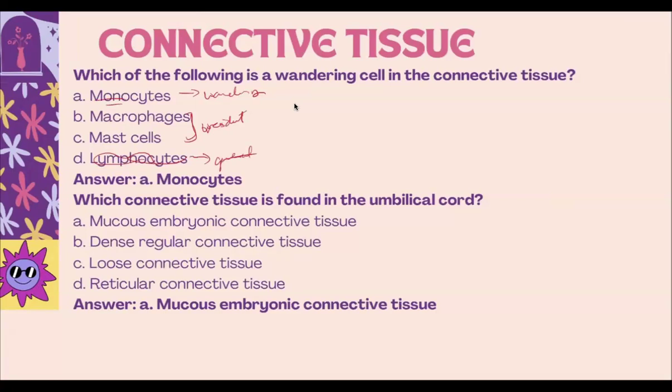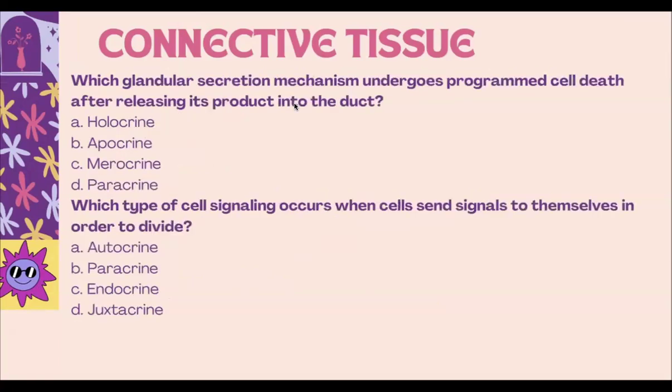Which connective tissue is found in the umbilical cord? Only in the umbilical cord, it's mucous. The one that is found in the umbilical cord and the embryo is the mesenchymal. Important to know. Then, which glandular secretion mechanism undergoes programmed cell death? And which type of cell signaling occurs when cells send signals to themselves?